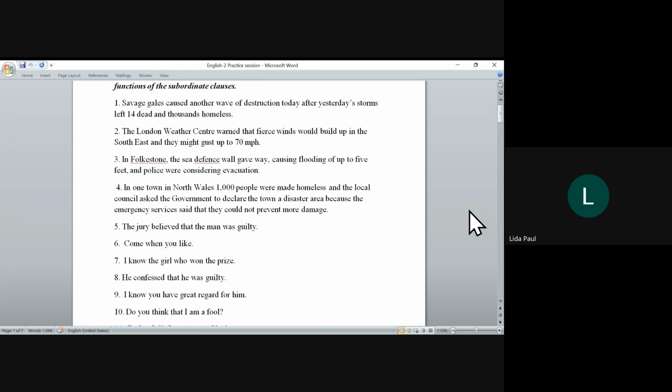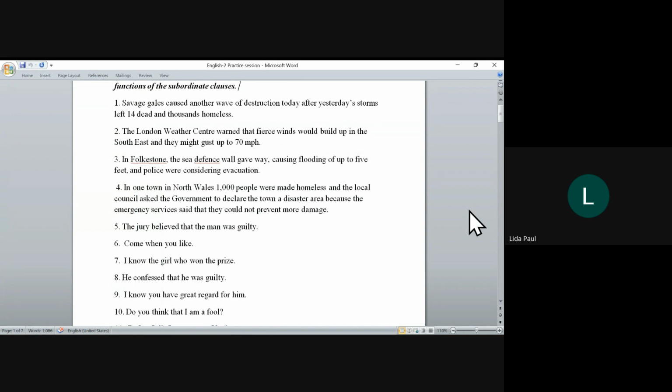Fourth one: in one town in Northwich, 1,000 people in this and local, because it's an embedded clause in the fourth one. Actually, it begins from because, right? So because the emergency services said that they could not prevent more damage, the first one.